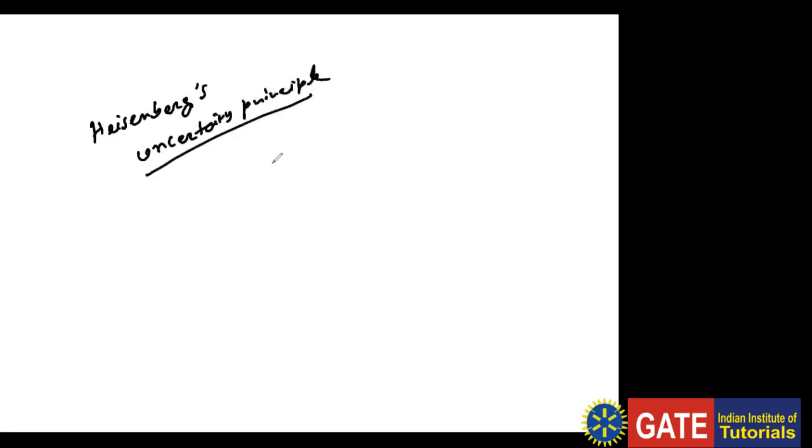So now everyone might have heard about the Heisenberg uncertainty principle. What does it say? So what is the formula?